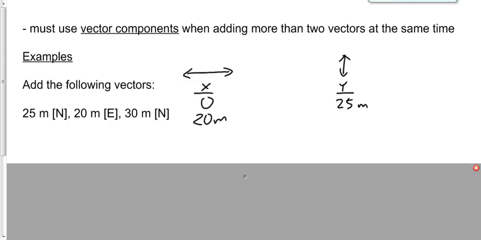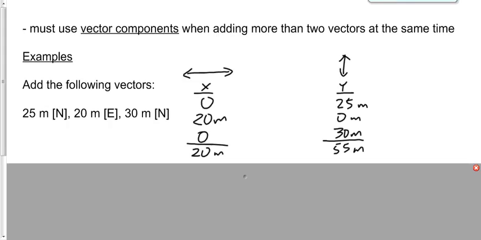How much of this 20 meters to the east is y-axis? None. It's all x. Look, it's all on this axis. 30 meters to the north, well, that's all y-axis. So 0. None of it is x-axis. 30 meters is y-axis. Now I've got 0 plus 20 plus 0 is 20. 25 plus 0 plus 30 is 55 meters.